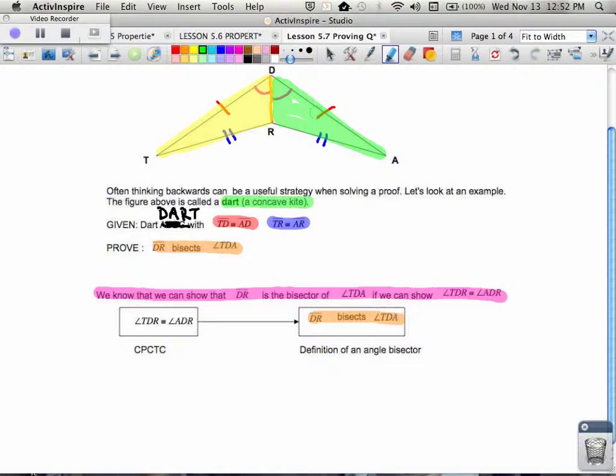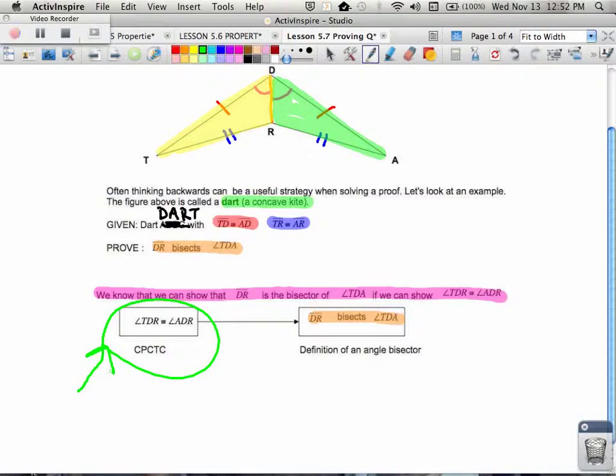So that's what usually comes right before a final statement, CPCTC. And you can see that down below here if you look at where my arrow is to this information. So that would come right before my final statement of DR is the bisector of TDA.